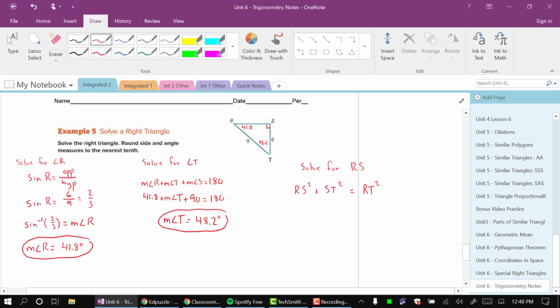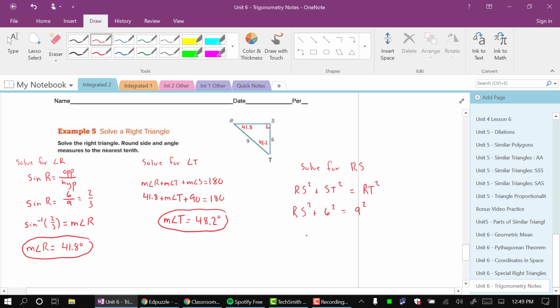RS is my leg, ST is my leg, RT is my hypotenuse. I don't have RS, that's what I'm solving for. So RS squared plus 6 squared, I have ST, that's 6, equals 9 squared, I have RT, that's 9.